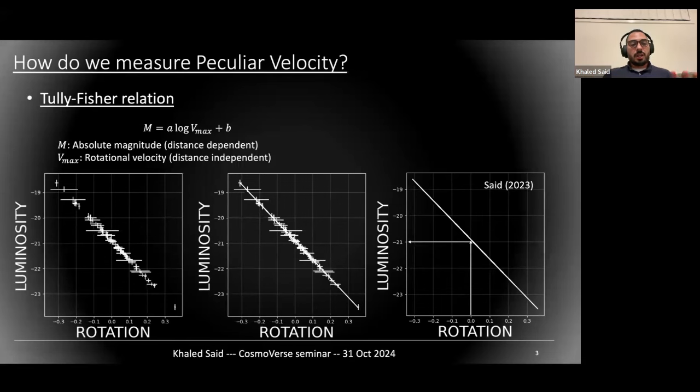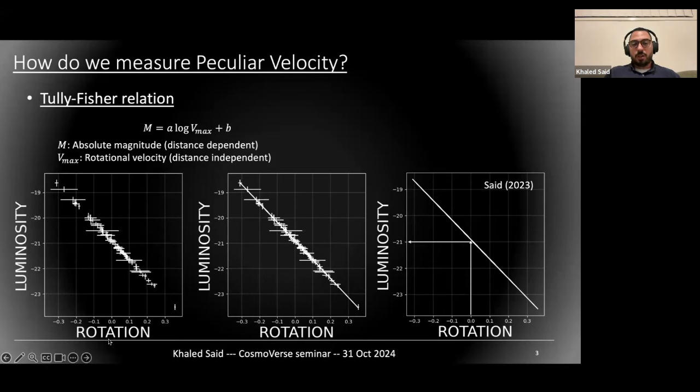So first, you need to calibrate this relation. You need a subset of your sample that has absolute distances, and again, that comes from primary distance indicators. Here you have luminosity, which you can construct using the apparent magnitude and the true distance.